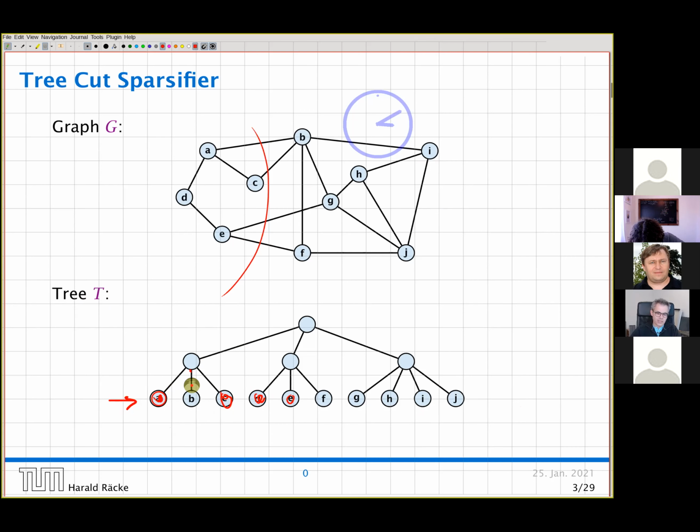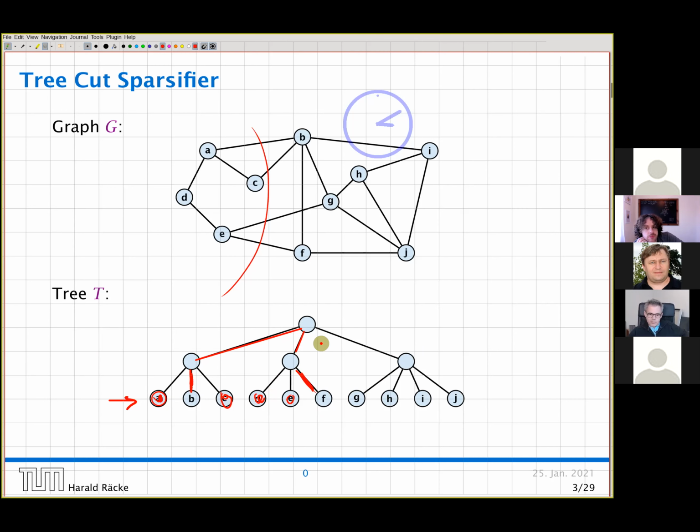Maybe I take this edge out, this edge out and this edge out, and then I still have a connection here, so maybe I'm taking this edge out as well, and then I'm cutting the blue vertices from the red vertices, and this would be a cut, and then I would compute the min cut.